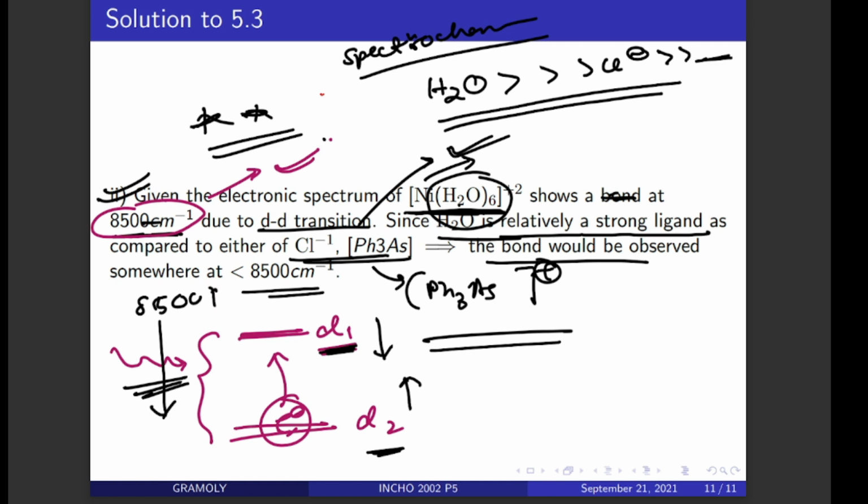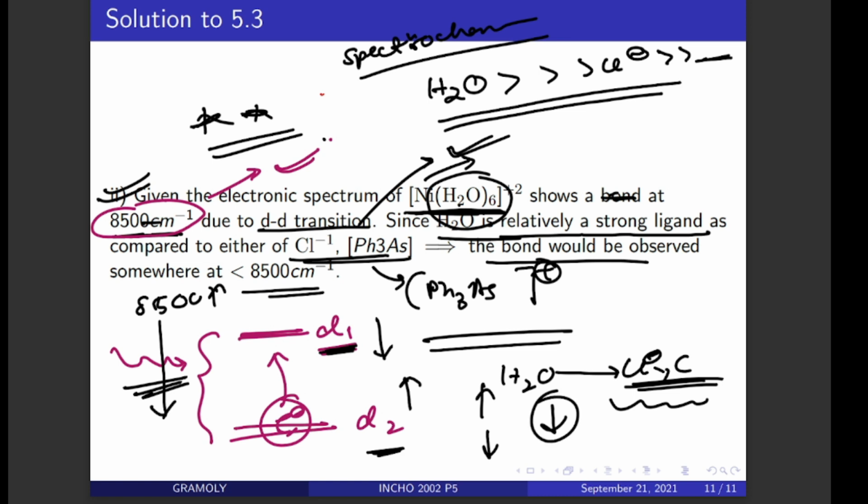When we move from water to this complex in which chlorine and the complex group are there, both of them are weak ligands, due to which the energy gap would decrease, and the frequency would decrease, because the energy required to excite is now less. Hence the answer would be less than 8500 centimeter inverse.